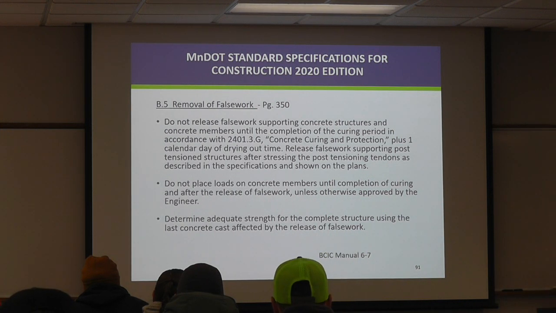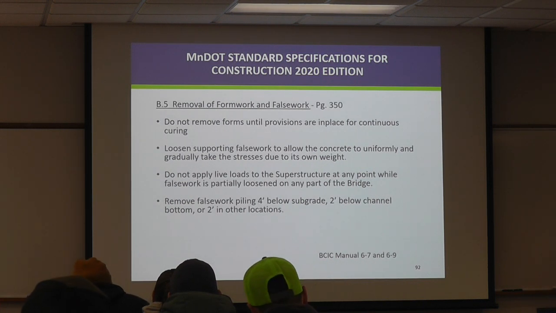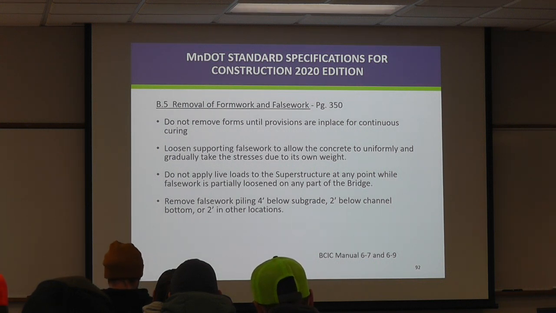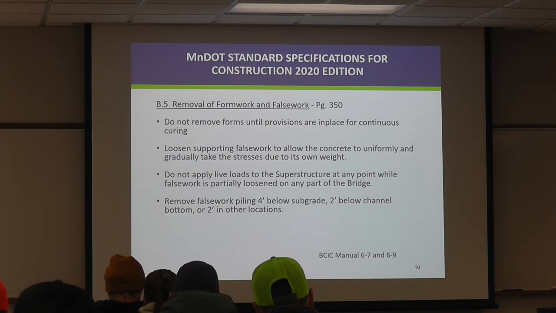And so we want to make sure that the last concrete cast has been cured. And we want to have continuous curing. So if we remove falsework and we still need to be cured, that's right. Removal of falsework, there's some things there: 4 feet below subgrade, 2 feet channel location.